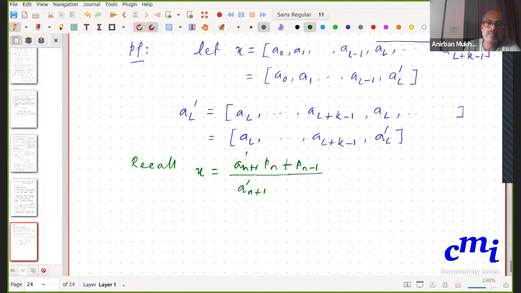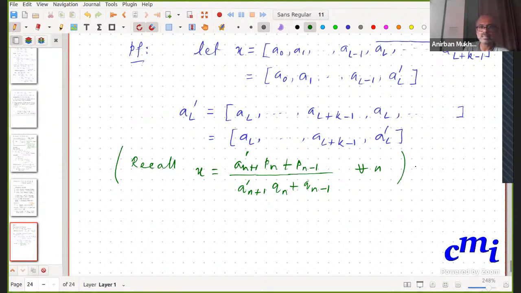A dash always represents the complete quotients, and p_n by q_n are the convergents. So p_n is the numerator and q_n is the denominator of the nth convergent. We know this for all n. So just recall that.